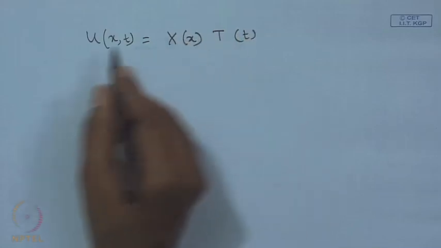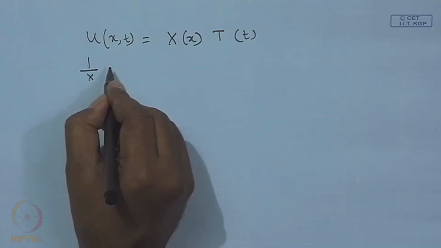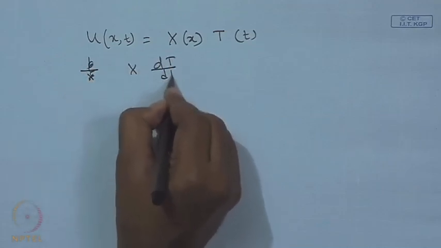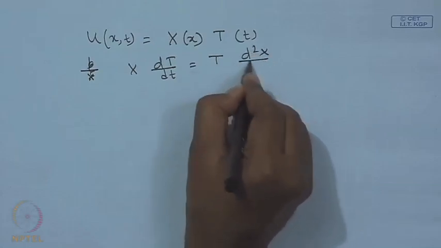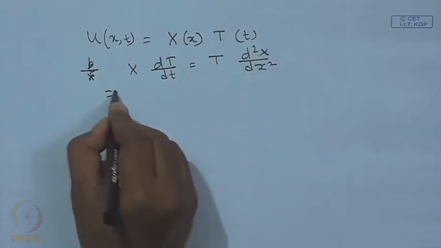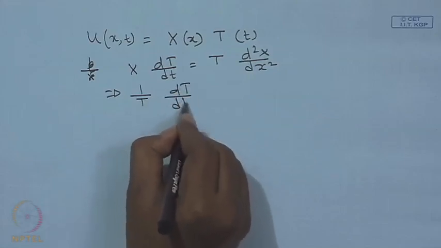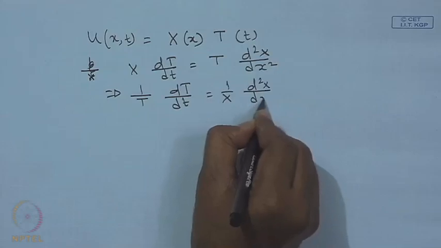If you substitute in the governing equation, this becomes X dT dt is equal to T d square X dx square. So, this becomes 1 over T dT dt is equal to 1 over X d square X dx square.